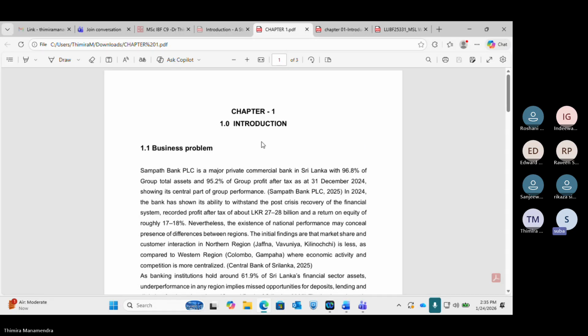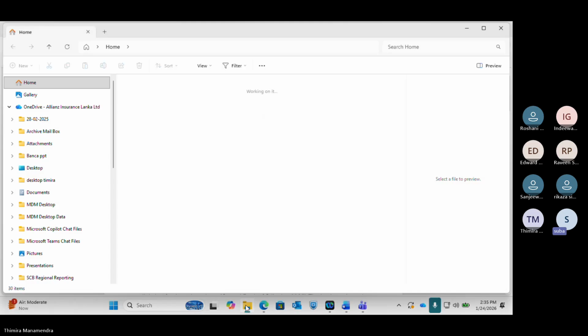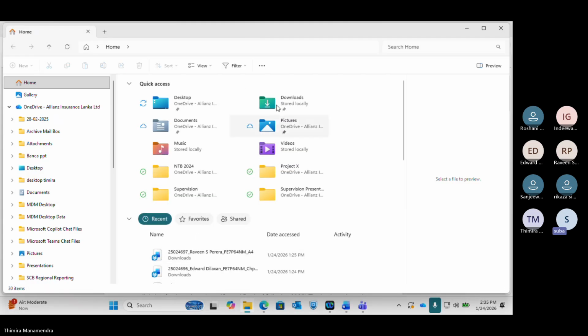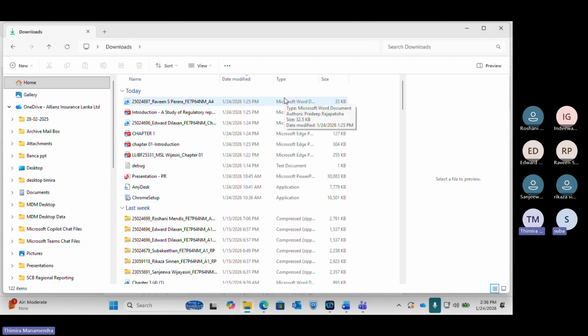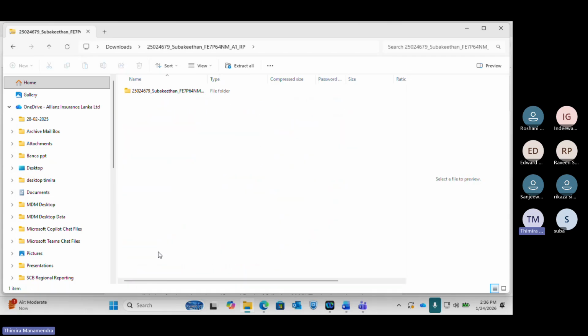This study on the impact of monetary policy on economic growth in developing economies. Okay, so how do you want to change it? Monetary policy means we can only go for interest, inflation, and central bank policies, those things. Hang on, I'm trying to get your report.